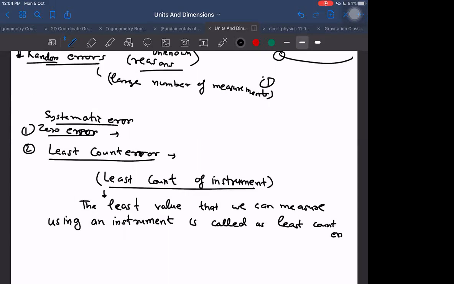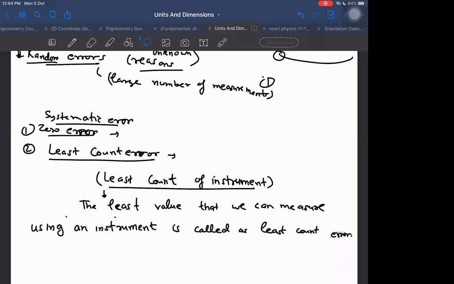Example: if I have a meter scale in which the least division is up to centimeters, then the least count will be centimeters. If the meter scale is based on millimeters, then the least we can measure is a millimeter, so the least count will be a millimeter, and the least count error will also be a millimeter. The least count error is nothing but the least which we can measure using an instrument.